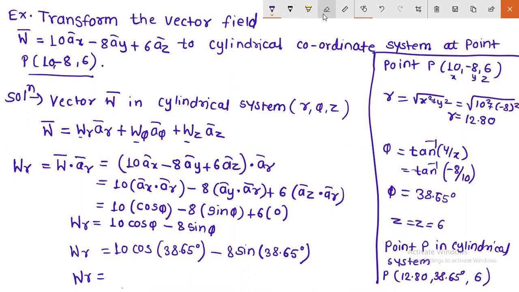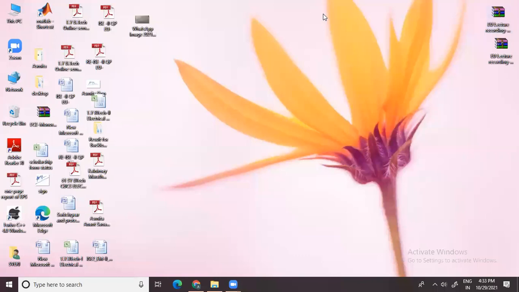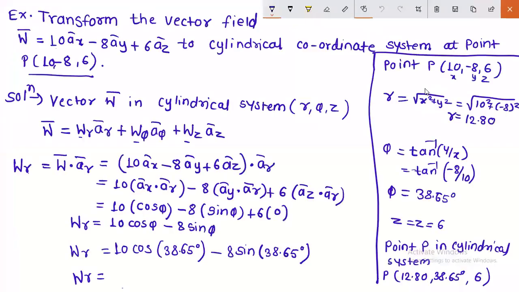Near about full load output is considered as full load. Just wait for a minute. Hello.